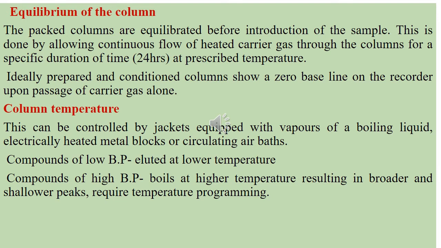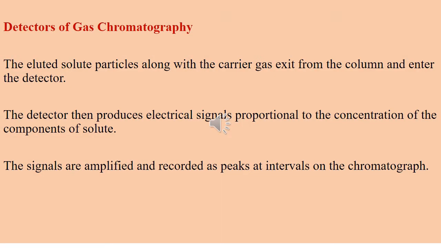Column temperature can be controlled by jackets equipped with vapors of a boiling liquid, electrically heated metal blocks or circulating air baths. Compounds of low boiling point elute at lower temperature. Compounds of high boiling point elute at higher temperature, resulting in broader and shallower peaks, which requires temperature programming.